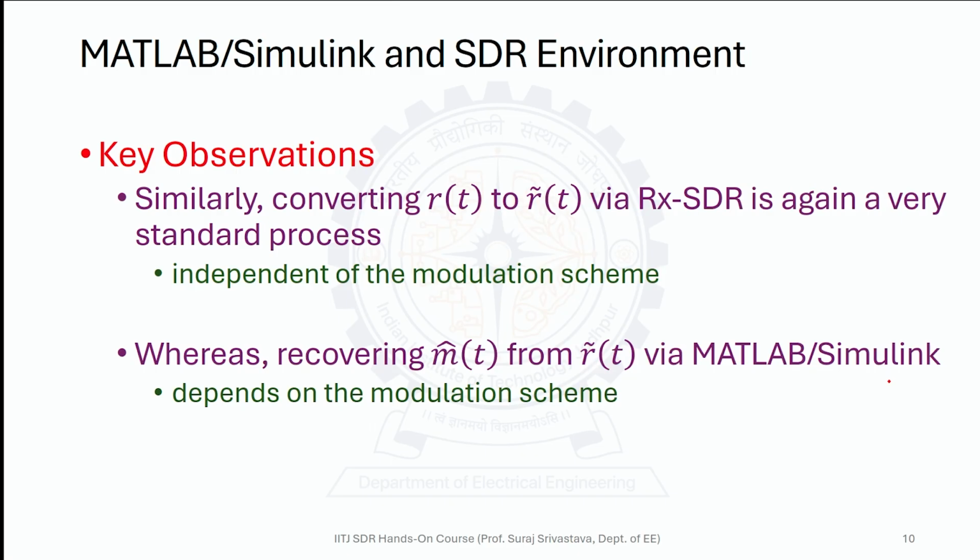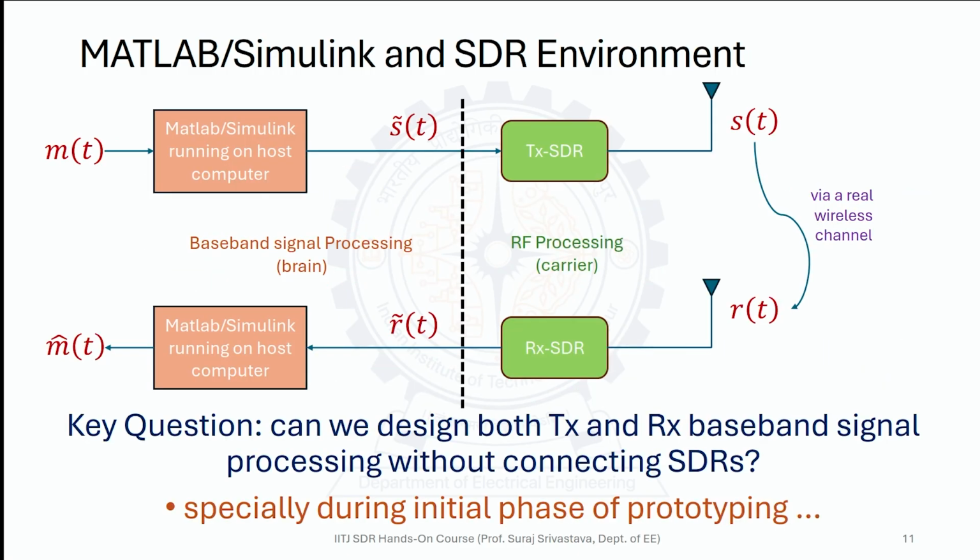If you look closely, if we divide these two operations by this dotted line, the left side of the dotted line is the baseband signal processing part, which is the brain of a communication system, because modulation, demodulation, channel coding, decoding, pulse shaping, match filtering, all these things happen in the baseband signal processing in MATLAB Simulink running on the host computer.